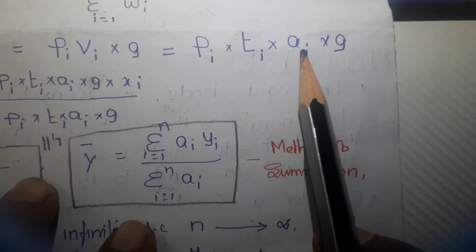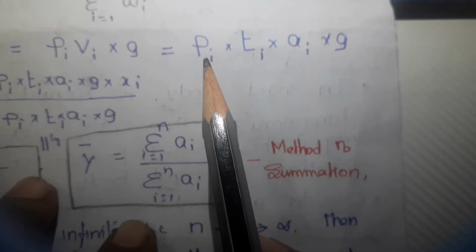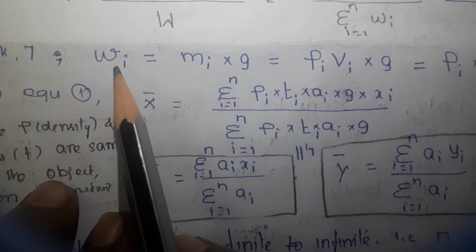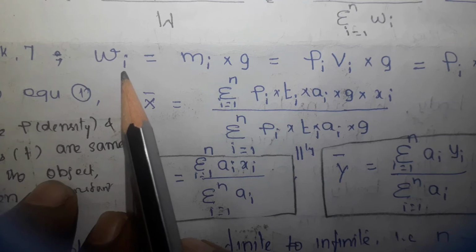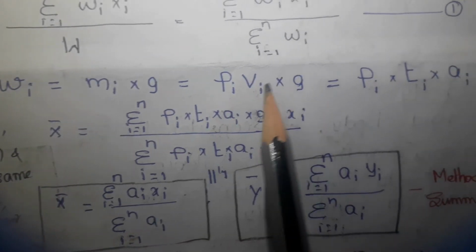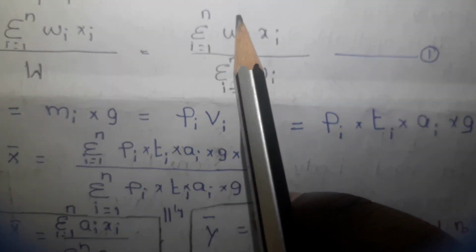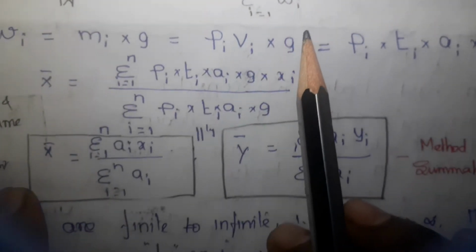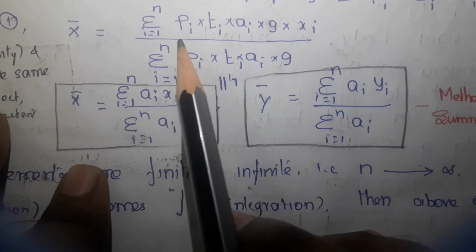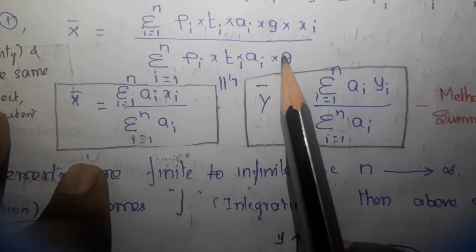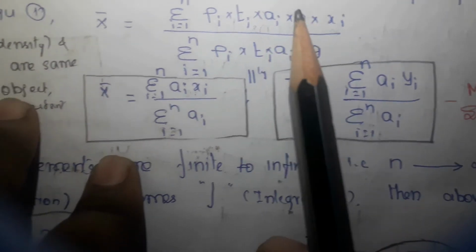So the multiplication of density, thickness, area and gravitational constant will give the value of weight. I am going to substitute all these four variables in the place of Wi. So this will become rho i, Ti, Ai, G and Xi. It's in the similar manner in the denominator also.